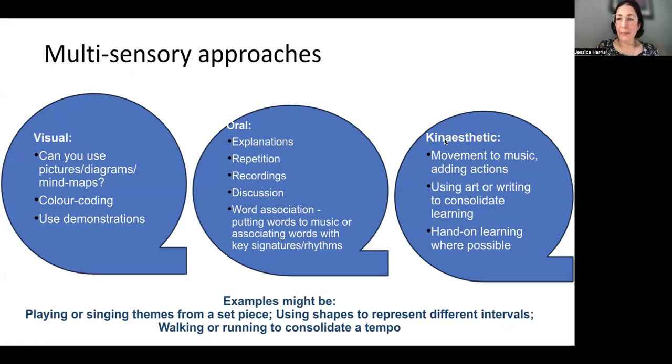And kinesthetic, so can we use movement to music by adding actions? Can we use art or writing to consolidate our learning? And can we do hands-on learning where possible? Examples might be playing or singing themes from a set piece, using shapes to represent different intervals, or walking and running to consolidate a tempo.